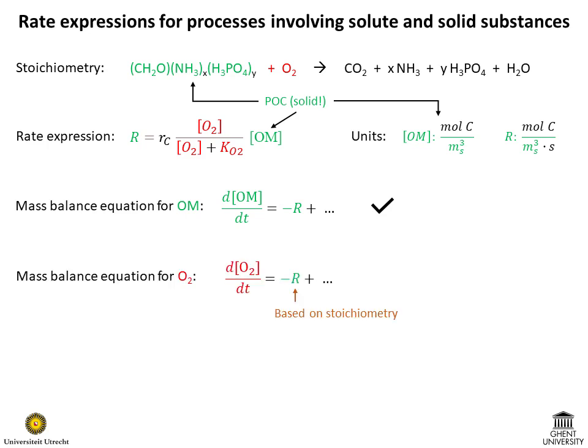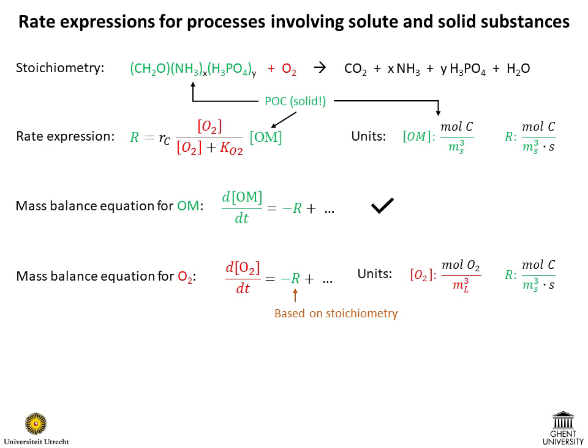Now, we turn our attention to oxygen. Based on the stoichiometry of the chemical reaction, we would assume that oxygen is removed at the same rate as carbon. This would be true if both quantities were expressed in the same units. However, this is not the case.